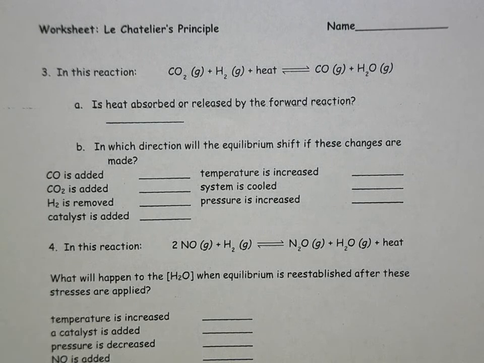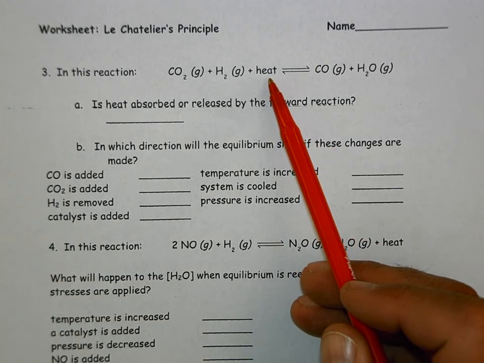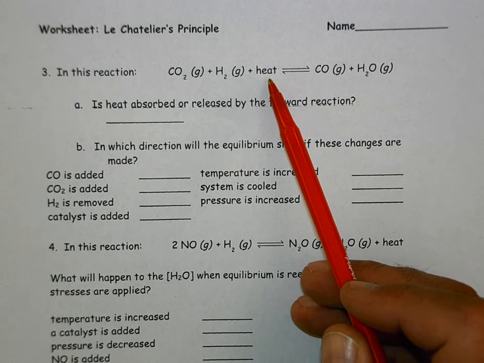We're going to do a similar thing to what we just did with lefts and rights. First off, however, is heat absorbed or released by the forward reaction? First off, we have to find where the heat is. Heat is here. If that had been kJ, that still represents heat, energy. So it's on the left side.